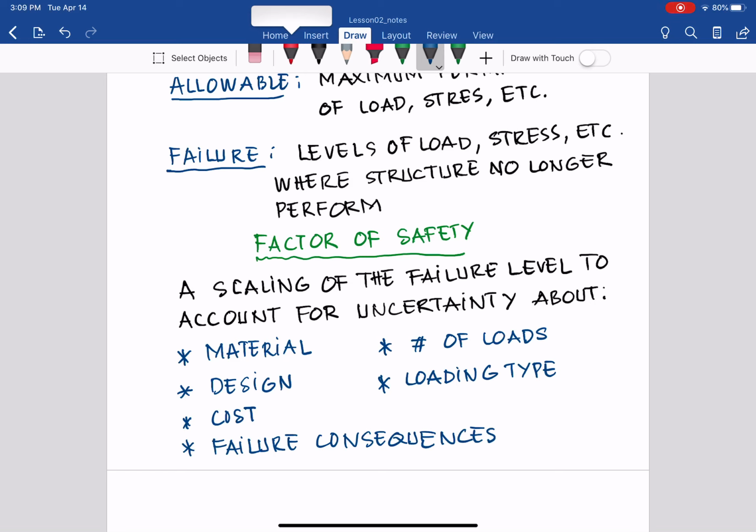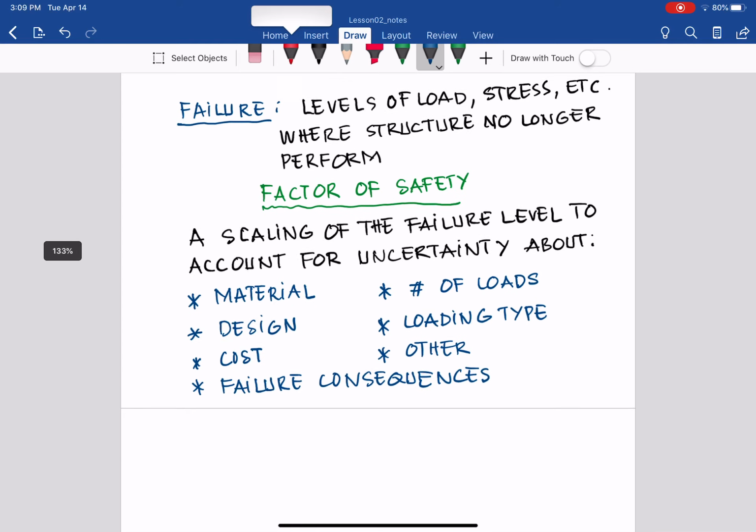When it fails, it has many casualties, fatal accidents, etc. So that's why we need to put more factor of safety in when the consequence is so high. And of course, there are many other factors that we need to take a look at.